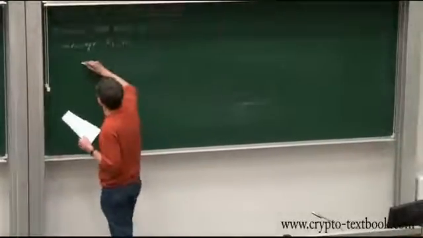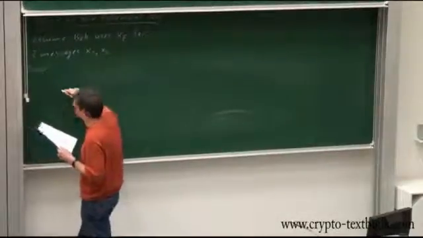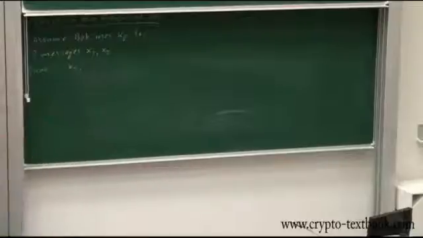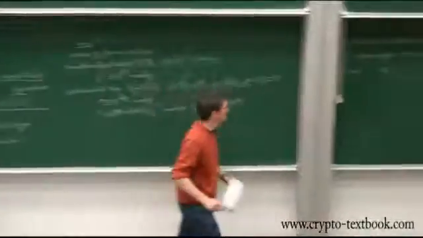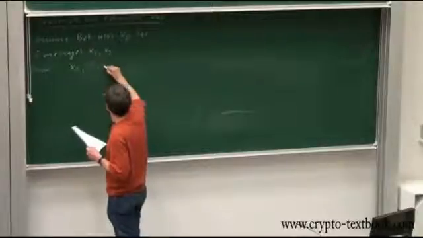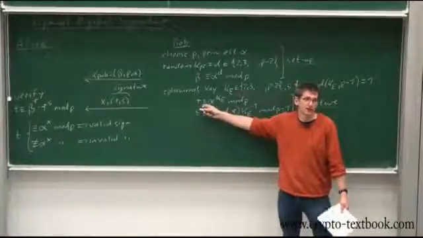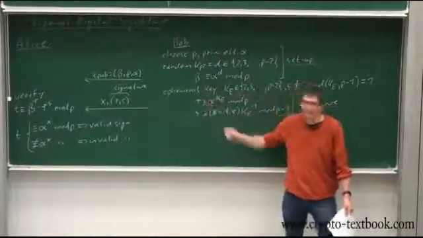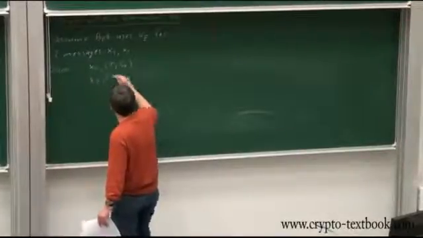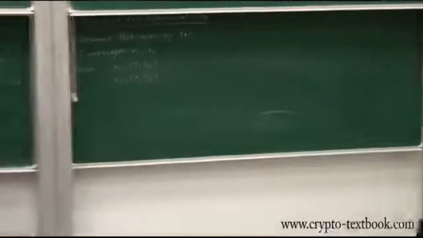But now what's being sent over the channel, so what Oscar sees is he sees X1 going over the channel together with R and S1, and here R is identical, right? I don't call that R1 or R2, just call that R because this is the same in both cases. So he sees that, and then the second message that he observes has the same R parameter, but a different S here because the X's are different.